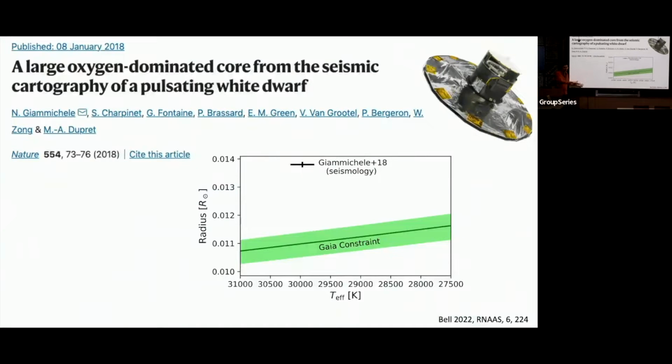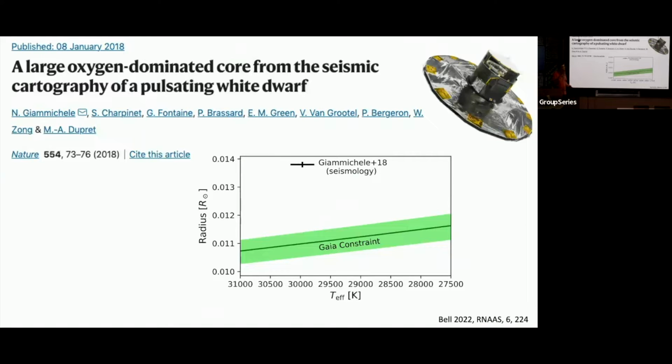Previous models before this measurement that claimed the oxygen abundance was very high had not produced models with this level of an oxygen abundance. But the team that found this result has been able to create models of white dwarfs that do have this oxygen abundance. I don't know what exactly they had to do to produce those models.